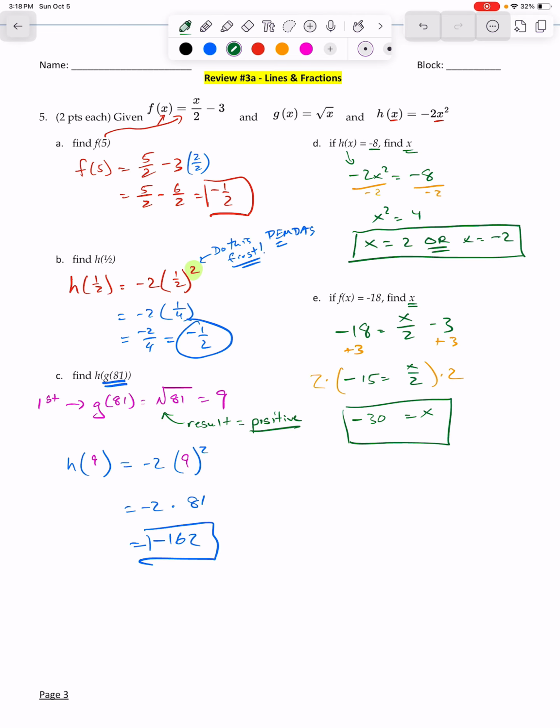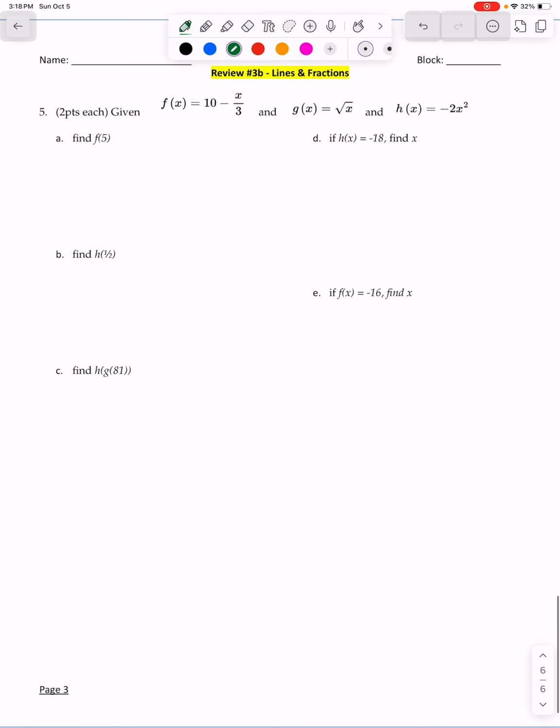And on we go to the last page. Yep, there we go. f of 5. So this means I'm taking 5 and I'm putting it wherever I see x. So f of 5 equals 10 minus 5 over 3, because that's where I substituted in.